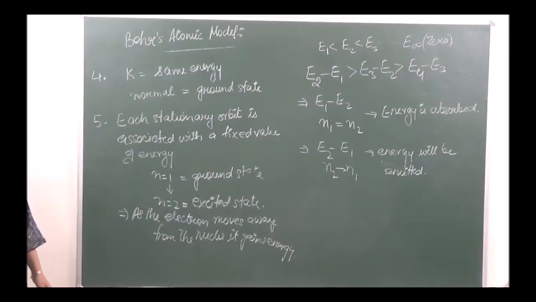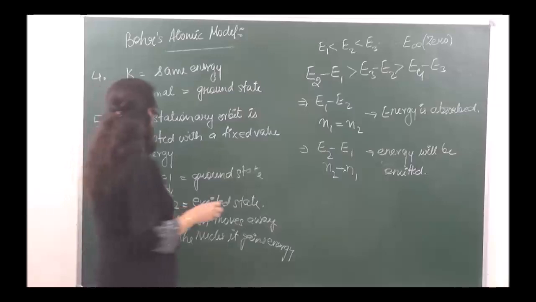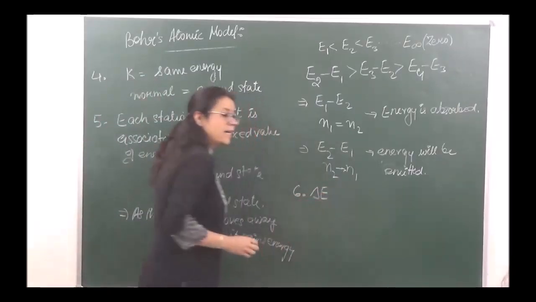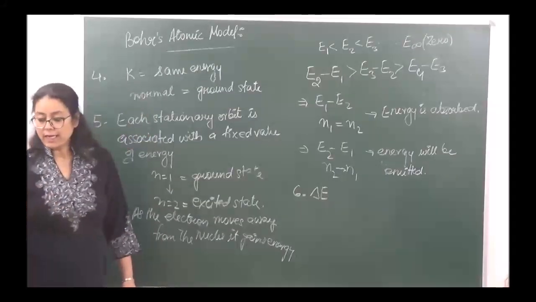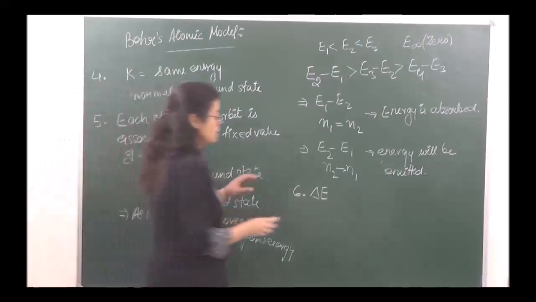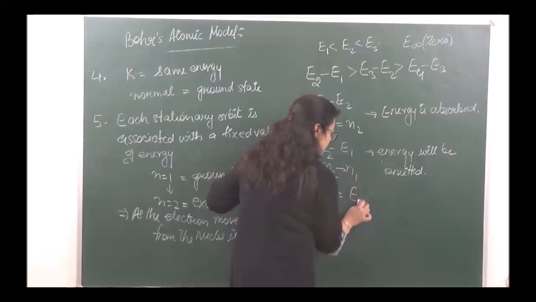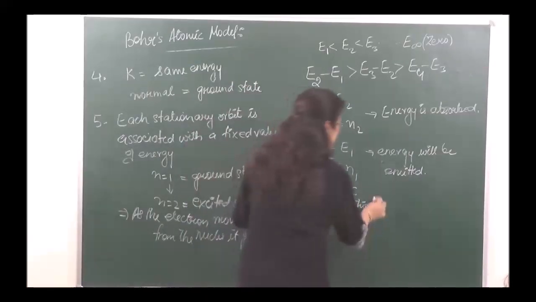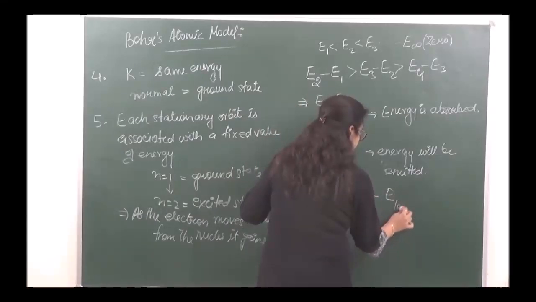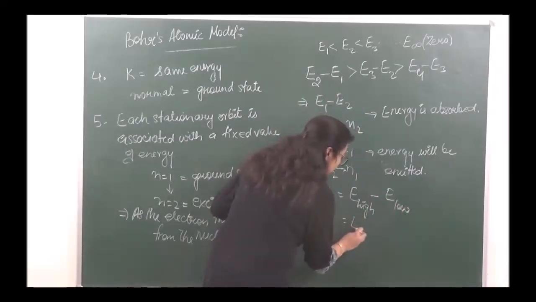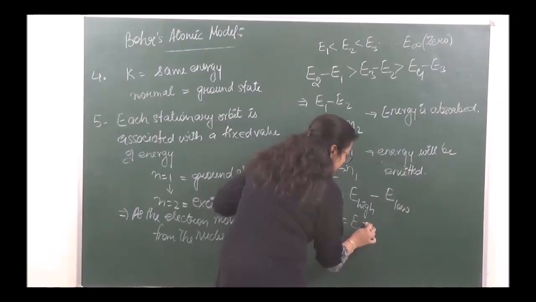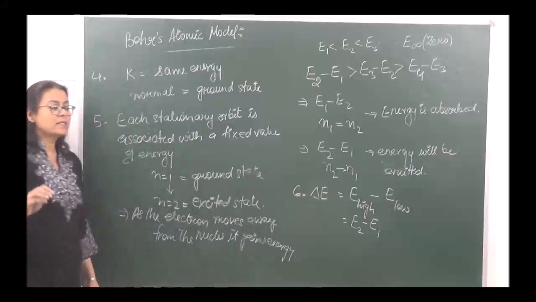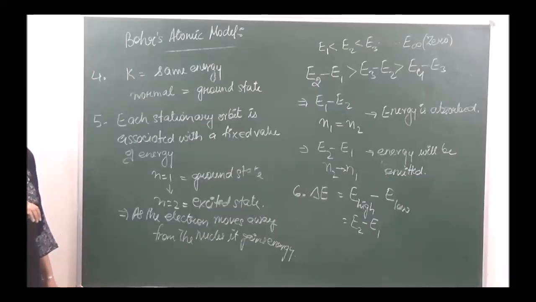In both the cases we are talking of the change in energy, delta E. So delta E will be equal to E high minus E low, or you can also write it as E2 minus E1, where E2 is the final energy and E1 is the initial energy of the electron.